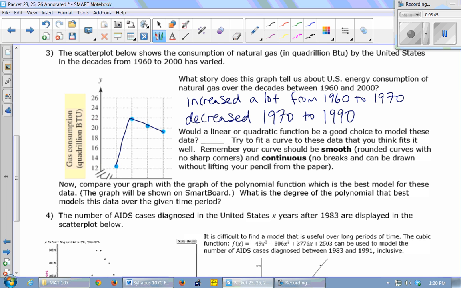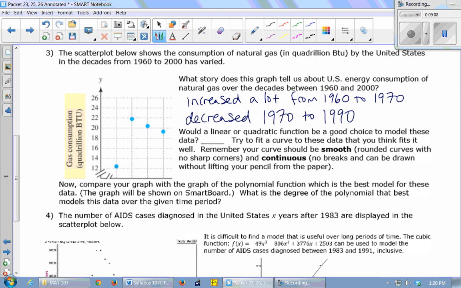Okay, so would you rather use a line to model this data or a quadratic function? Yeah, why is a line not a good choice? Yeah, a line is just always increasing or always decreasing.